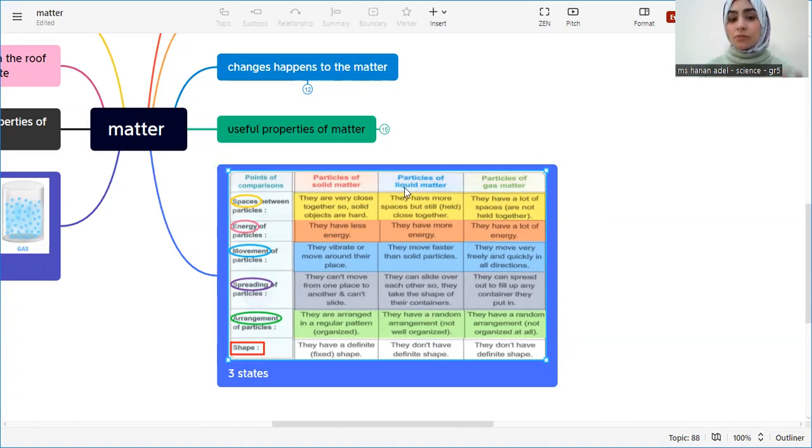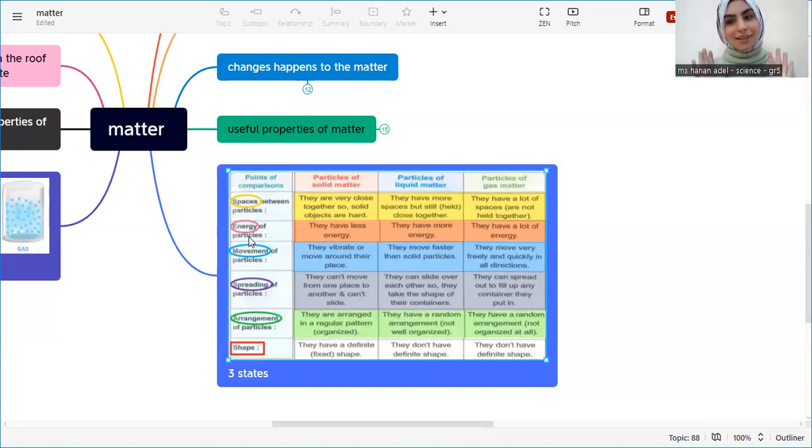But the liquid has some spaces between the particles. They are not held together, not very close, not very far. And in the gas, every particle hates the other particles. They don't want to stay in the same room. Every particle of gas is alone, so they have a lot of space between them. They don't hold together.